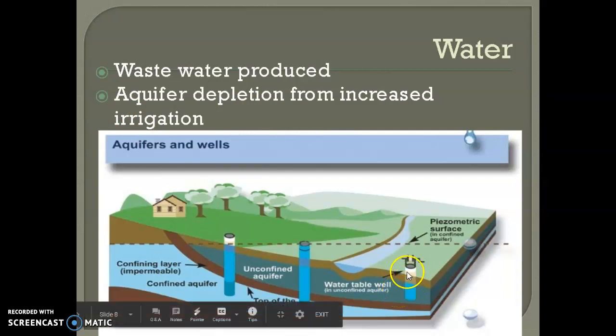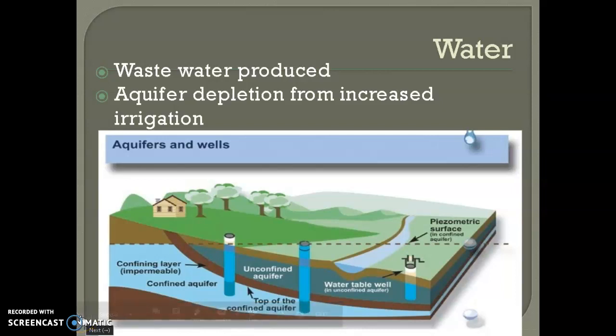Normally your water table is up a little bit higher, but now it's way down low, so the well doesn't have as much water in it. All that because of how we've changed the whole circumstance through irrigation, or we've hurt the water by allowing chemicals into it from the runoff.